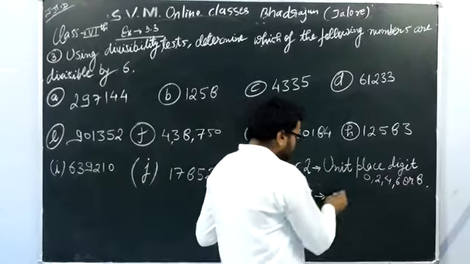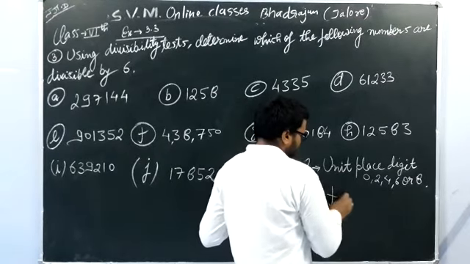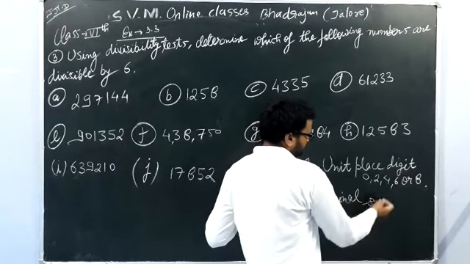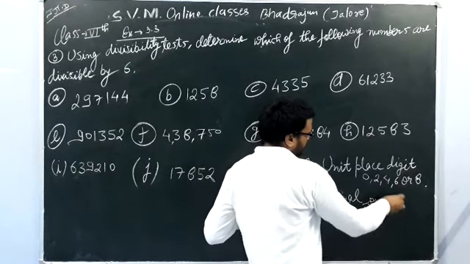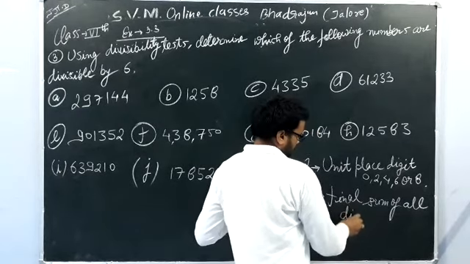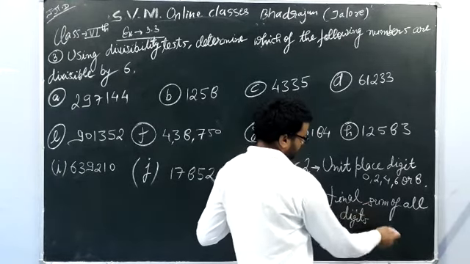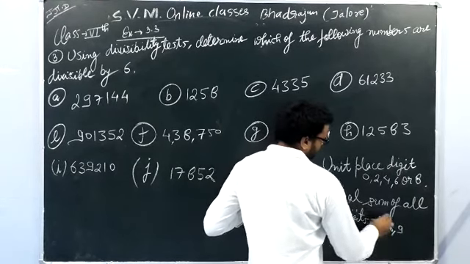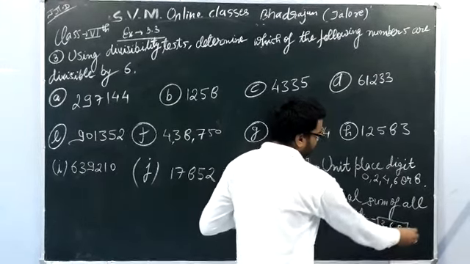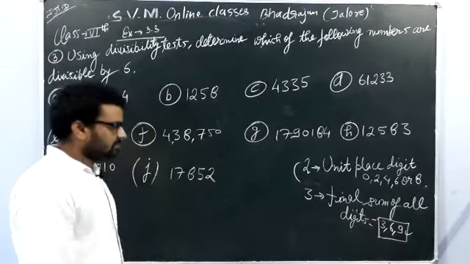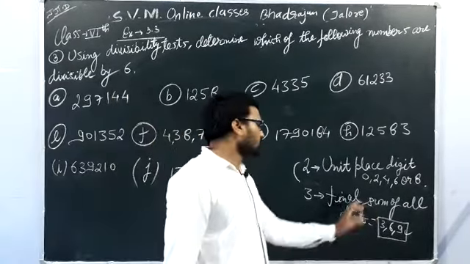Final sum of all digits equals 3, 6 or 9. If the final sum of all digits is 3, 6 or 9, then we can say that our given number is divisible by 3.